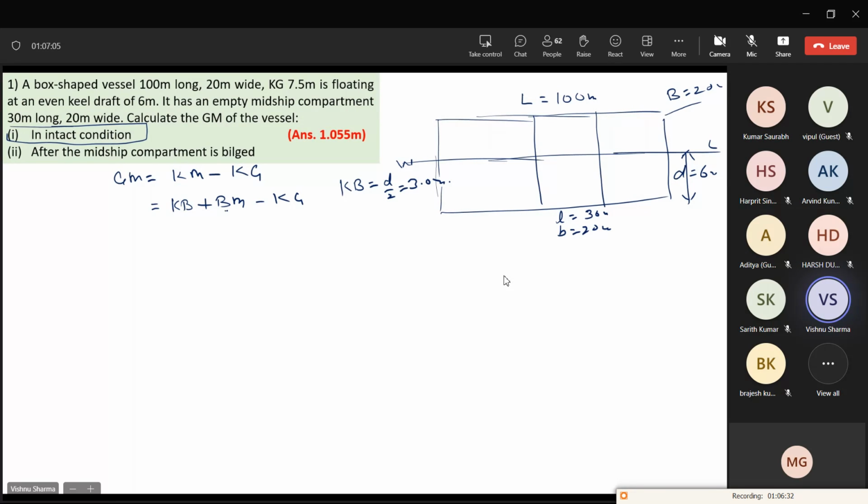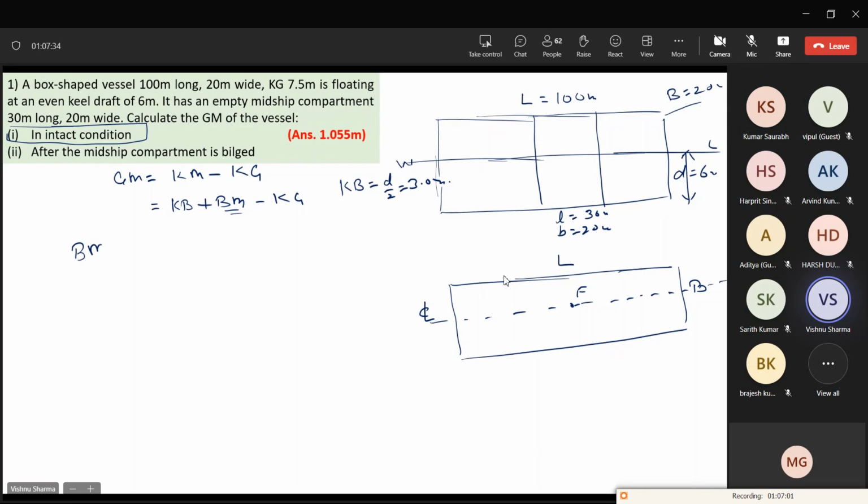Then we have to calculate the BM. For BM, I have to visualize the water plane at WL. The water plane at WL will be a rectangle of length L, breadth B. Then I have to visualize its center of flotation, which will be here. For BMT, I need to draw a longitudinal axis. This is application of moment of inertia, guys. This is center line.